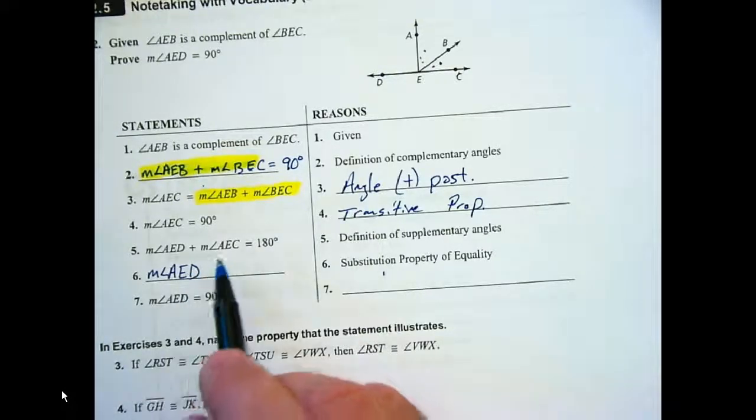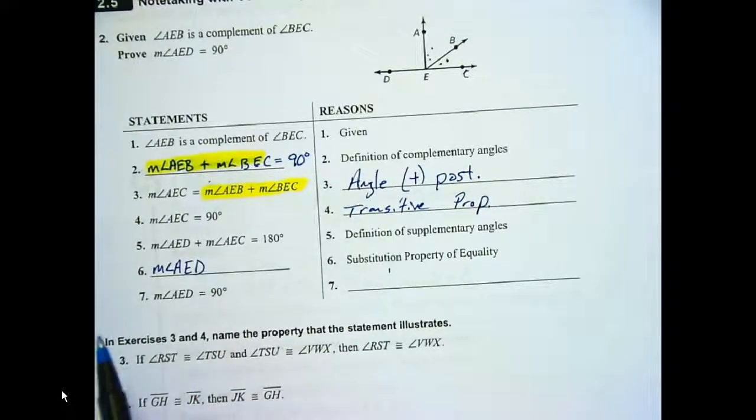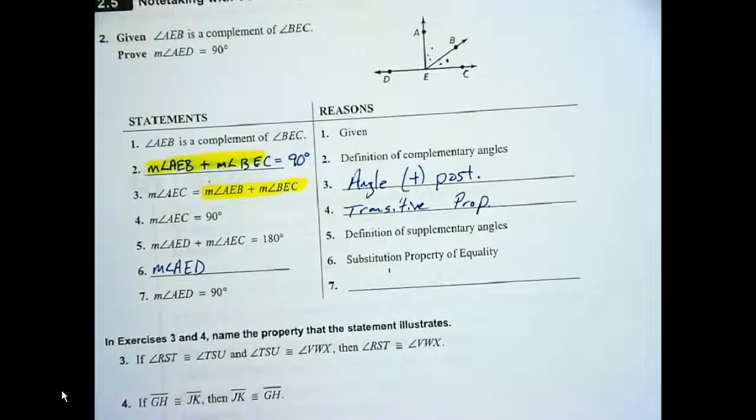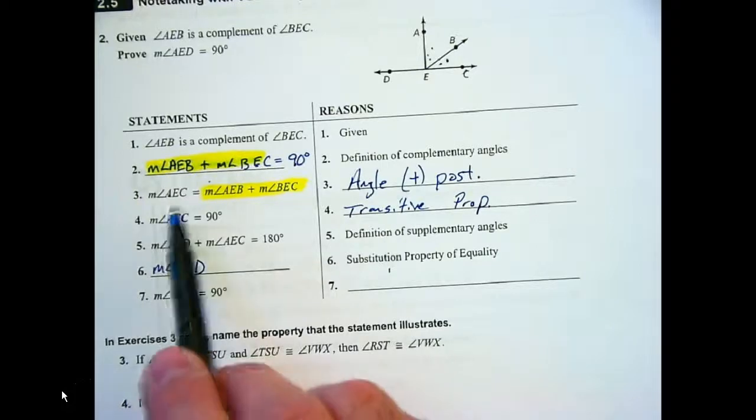So what else are you putting here? So AEC is equal to AEB and BEC.